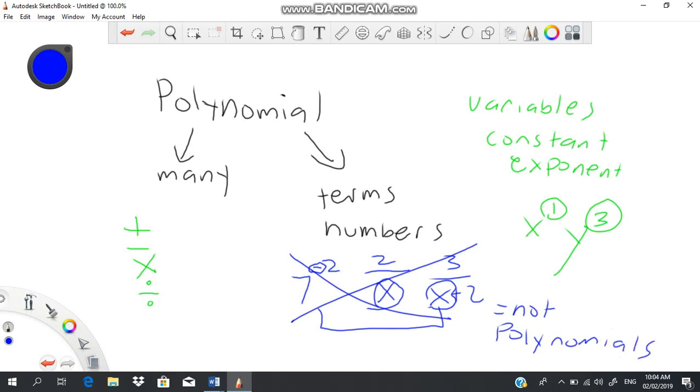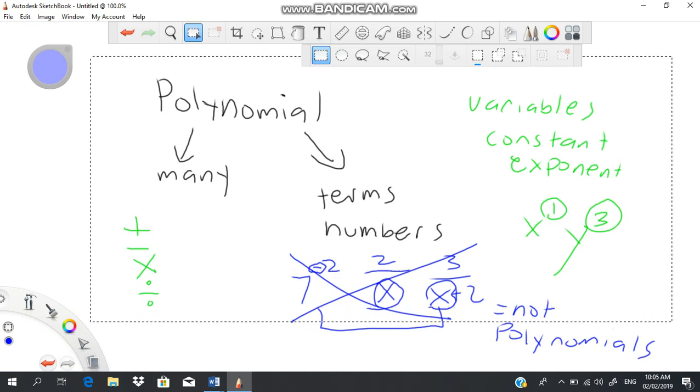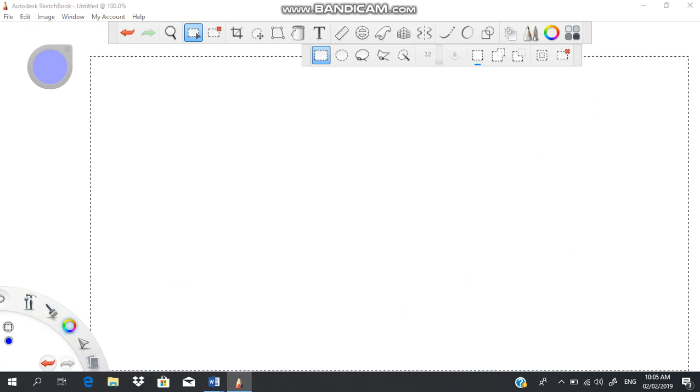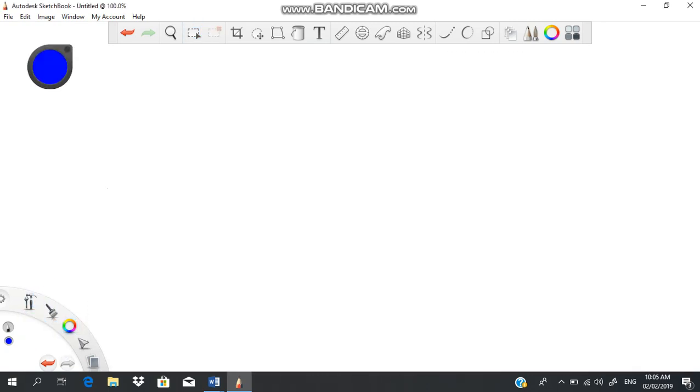Now that we know what a polynomial is and what are not polynomials, we could classify them like monomials, binomials, and trinomials. Just think of cycles like the bicycle or the tricycle and the monocycle.